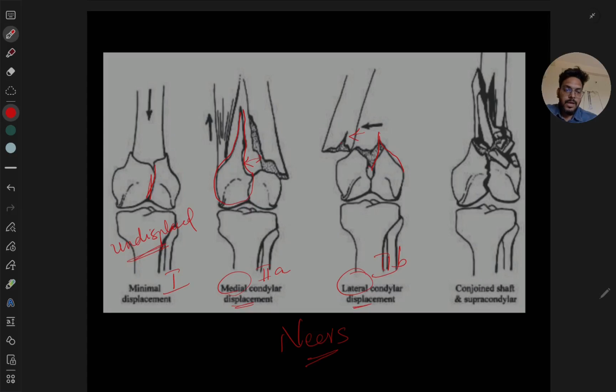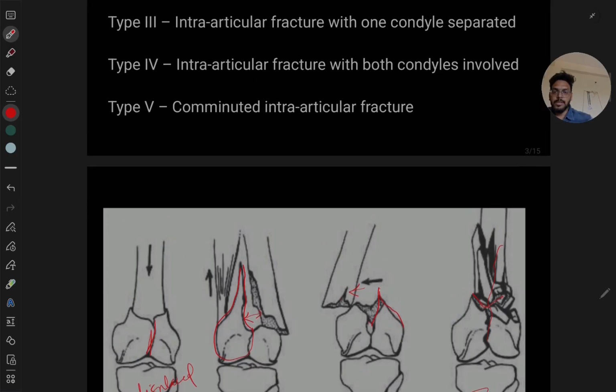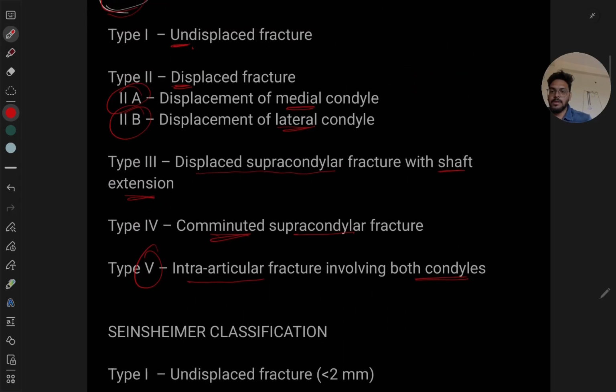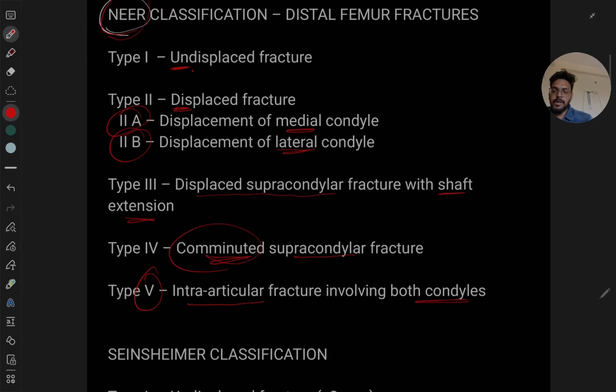If there is a supracondylar shaft extension along with a supracondylar fracture, it is type 3. The type 4 is comminuted, and type 5 is intra-articular with both the condyles.